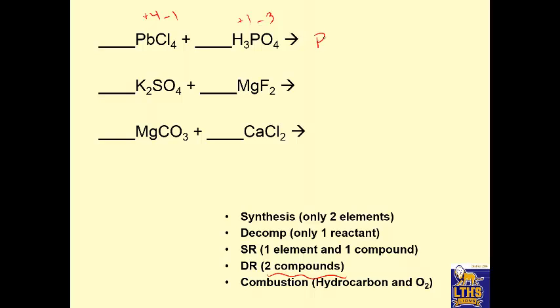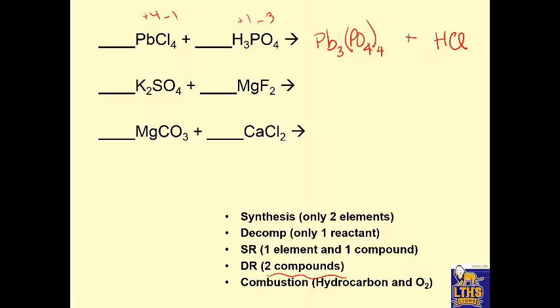So my +4 lead has to go with my -3 phosphate. So I'm going to need 3 of those for +12, and 4 of the phosphate. Okay, and then my +1 and my -1 make HCl.